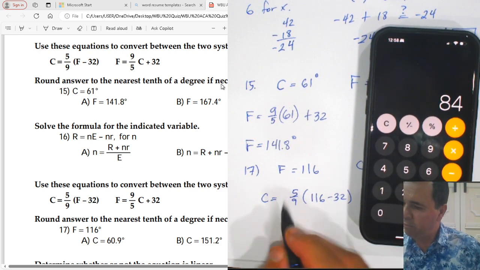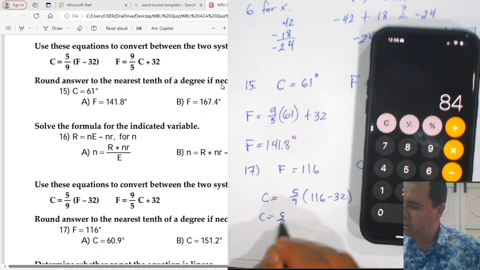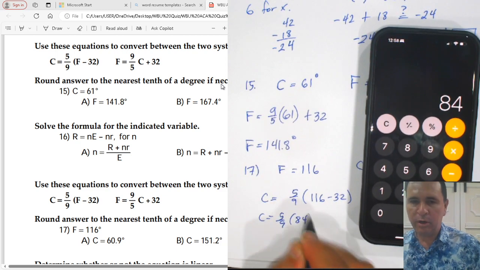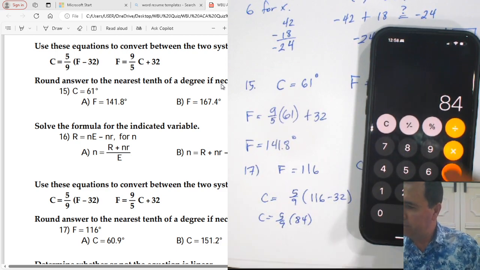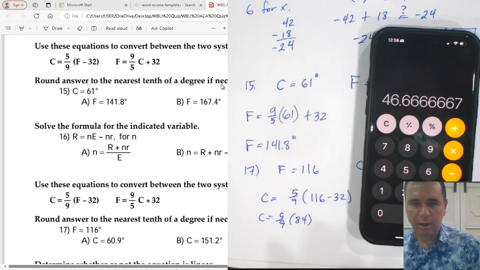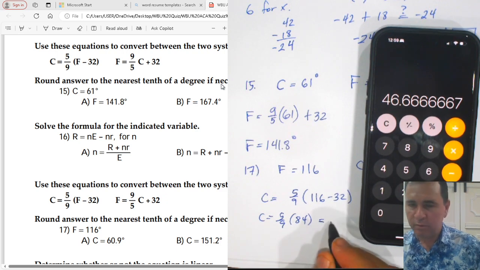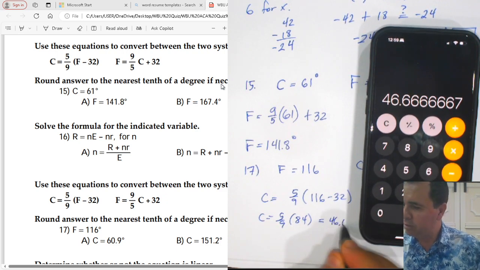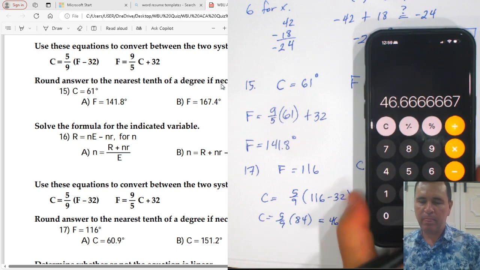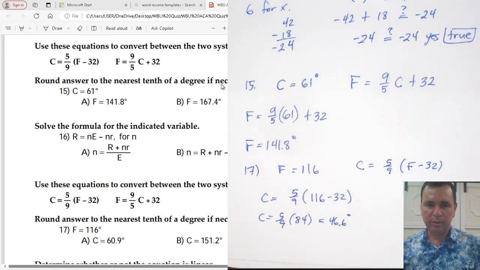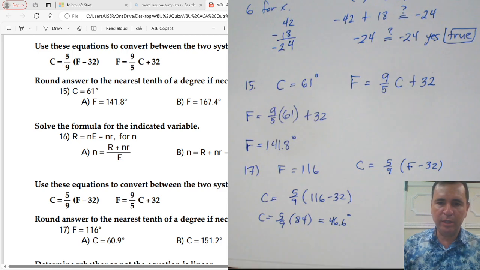That's going to be 84. And then we're going to multiply by 5 and divide by 9. You're going to get 46.6 degrees Celsius. Okay, and that's it. All right, you get to do 18.